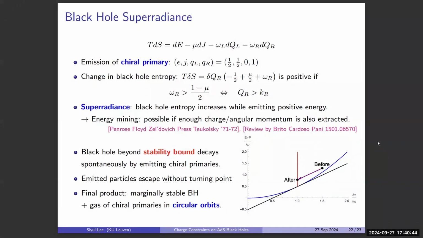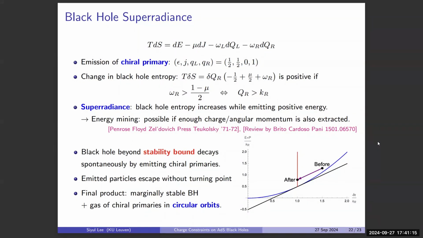So the scenario is that the black hole might spontaneously decay, and as a result of this emission of chiral primaries, we can track what happens to the emitted chiral primary particles. By calculating the classical trajectory of the emitted chiral primary particles in the black hole background, we can see that the emitted particles will escape from the black hole without any turning point, except that when the black hole reaches this after point, their radial velocity will converge to zero.